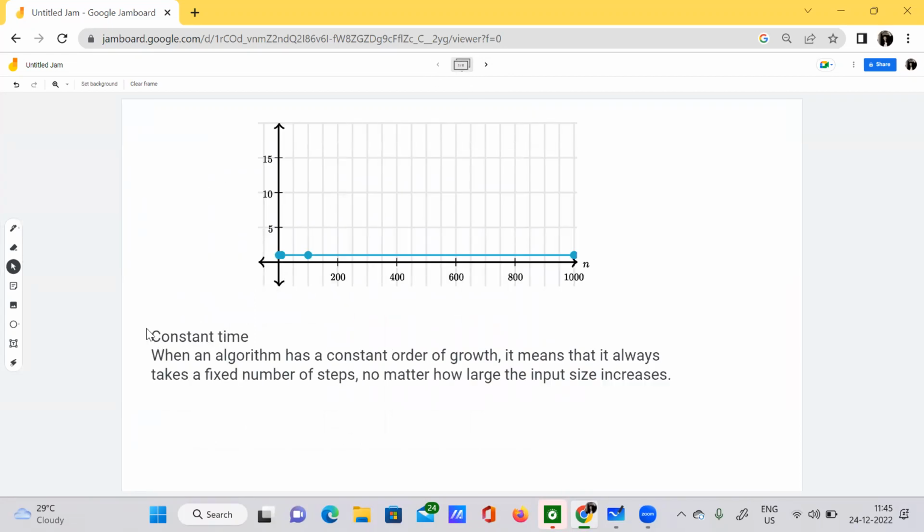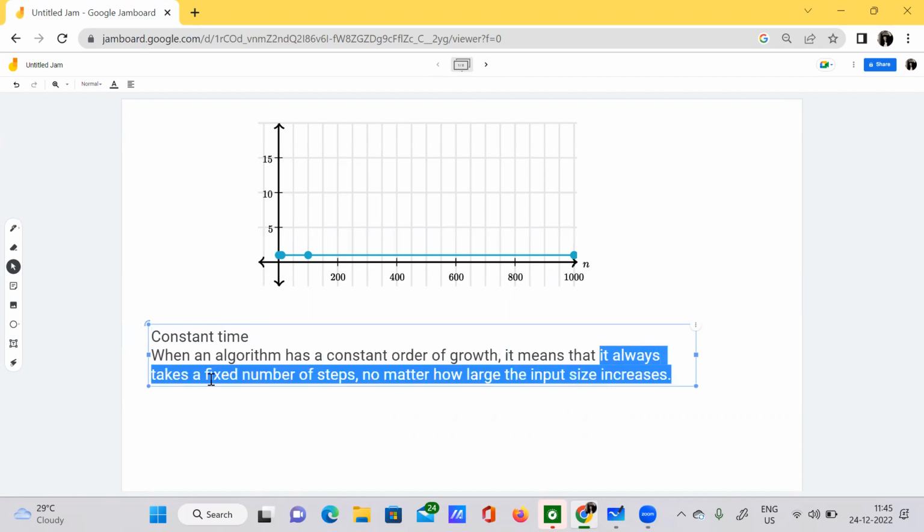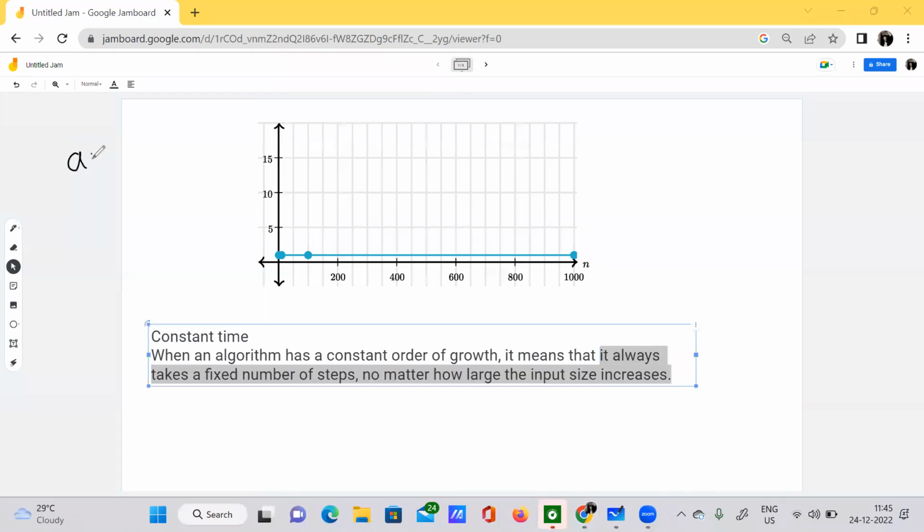So this constant order of growth is saying that when an algorithm has a constant order of growth, it means that it always takes a fixed number of steps, no matter how large the input is. So what does that mean here? For example, our input size is maybe 5 or 50 or 5 lakh, whatever it may be.